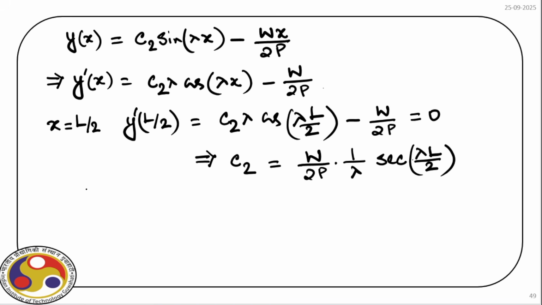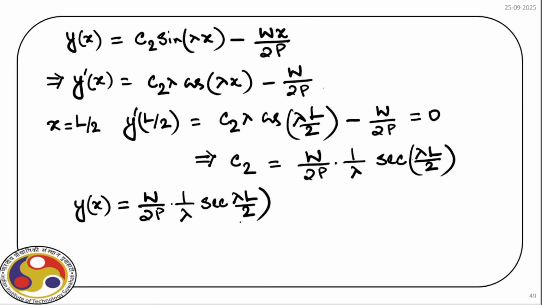Okay. So the equation of the deflected shape is y of x is equal to w by twice p times 1 by lambda sec lambda L by 2 times sine lambda x minus w x by twice p.